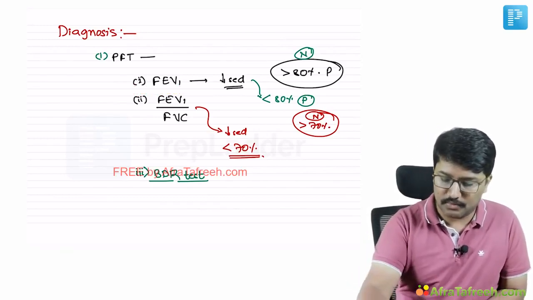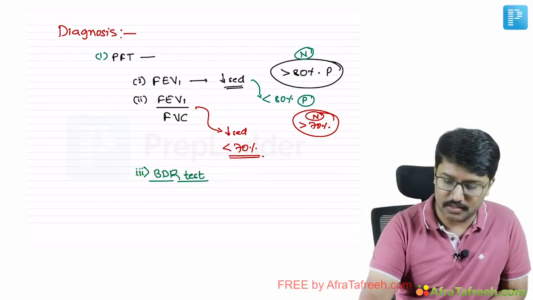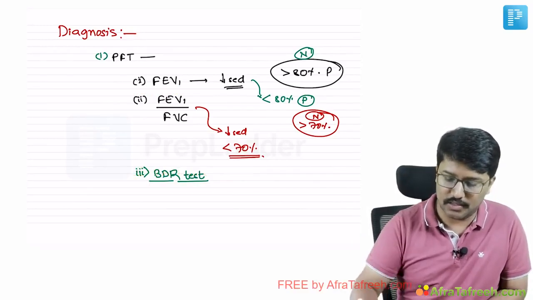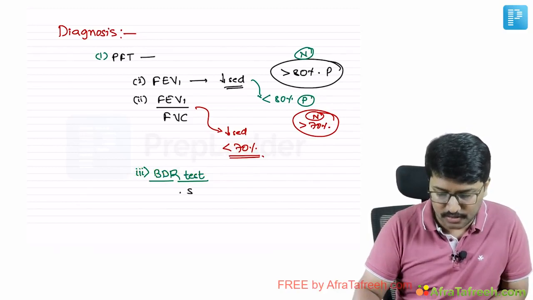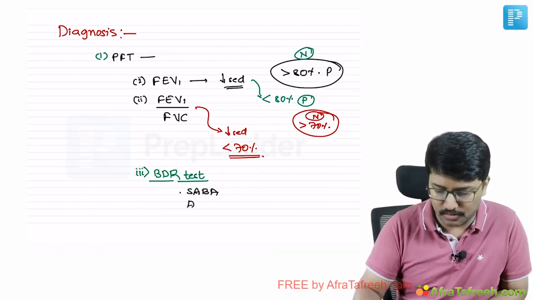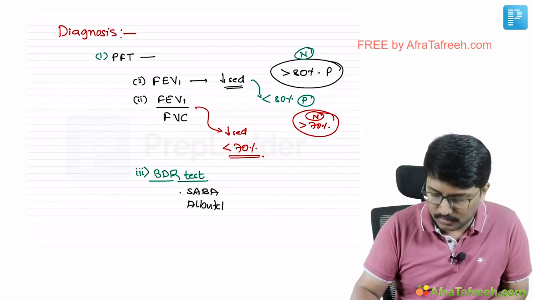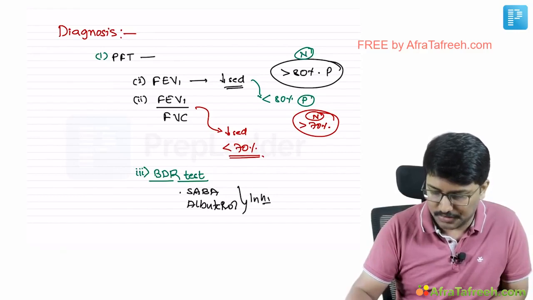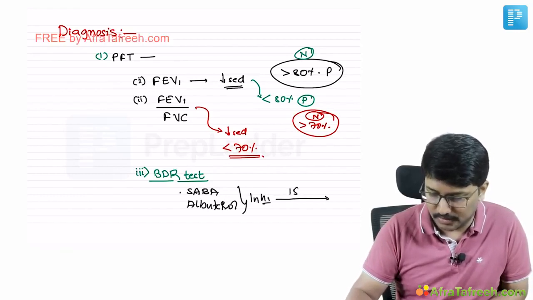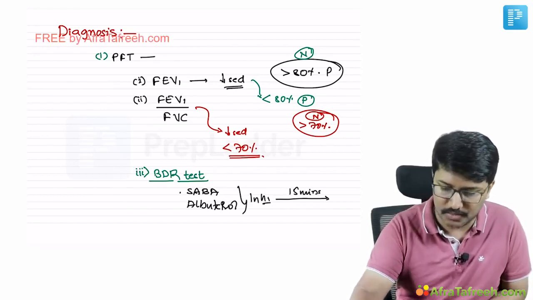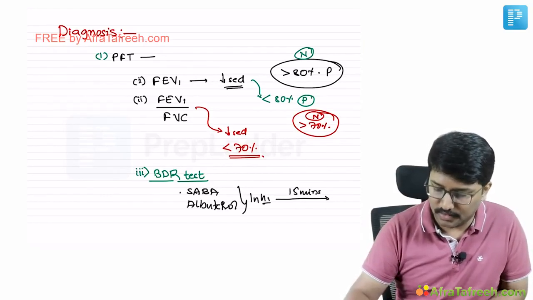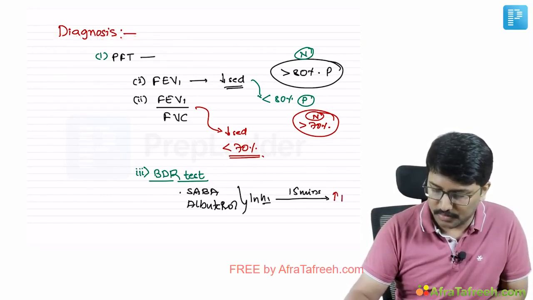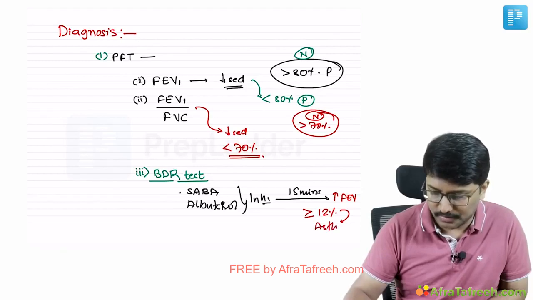How can we do that? We can do that by doing what is called the bronchodilator reversibility test. Now, how do we do this test? We administer a short-acting beta agonist like albuterol in an inhaled form, right? Albuterol inhalation, and 15 minutes after administration of a short-acting beta agonist, the patient's FEV1 will be looked at, and if the FEV1 increases from the baseline by more than or equal to 12%, that should be considered as asthma.